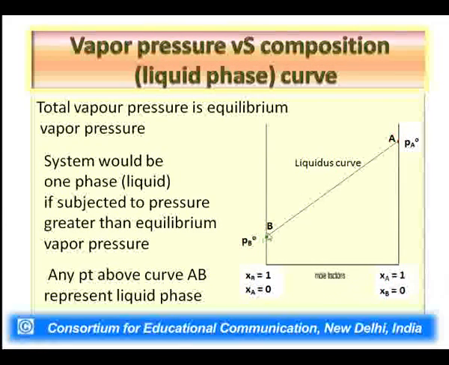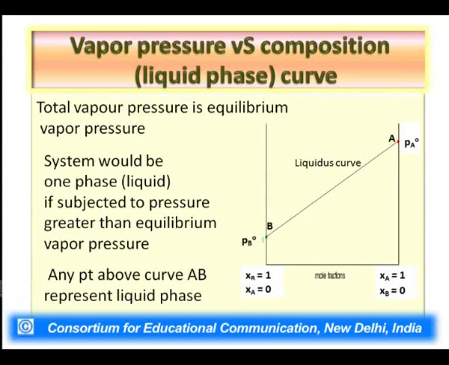And you can see it means above curve AB there is only liquid phase which would be present, because suppose at amount fraction xA equal to 0.5, this is the point, and for this composition of solution, Raoult's law equation predicts this point where the pointer is pointing to be on the curve AB as the total vapor pressure of solution.